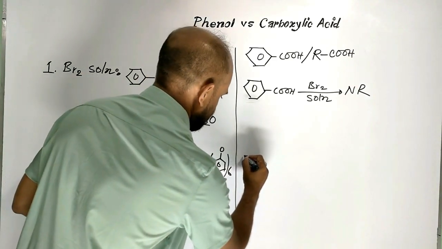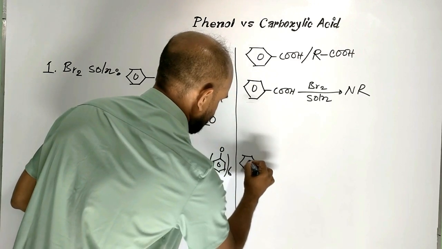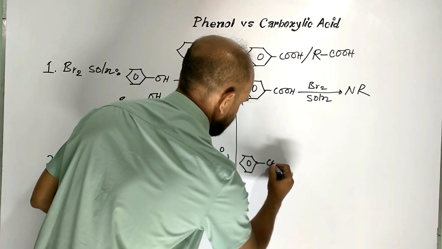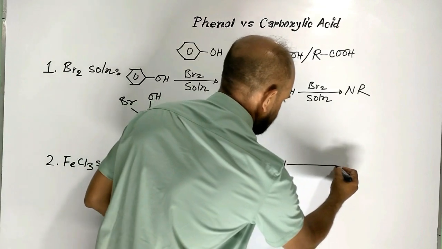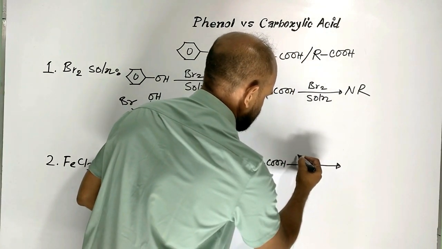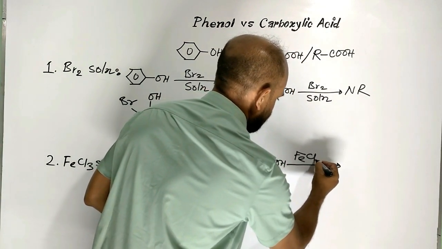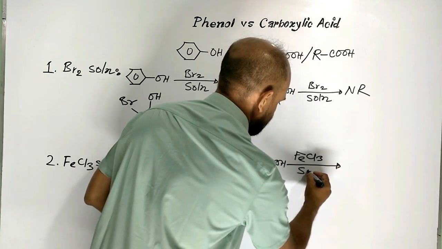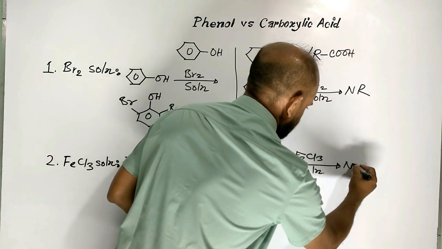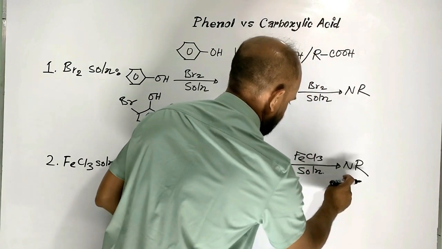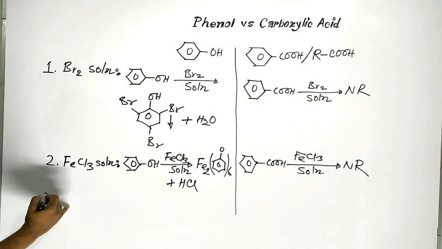On the other hand, carboxylic acid suffers no reaction with ferric chloride solution. No reaction. Point number 3.